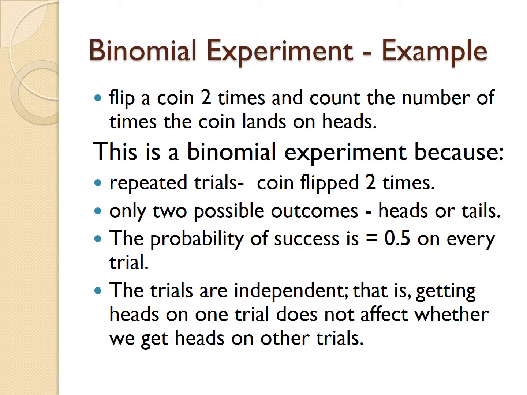Third, the probability of success is 0.5 on every trial. And fourth, the trials are independent. That is, getting heads on one trial does not affect whether we get heads or tails on other trials.